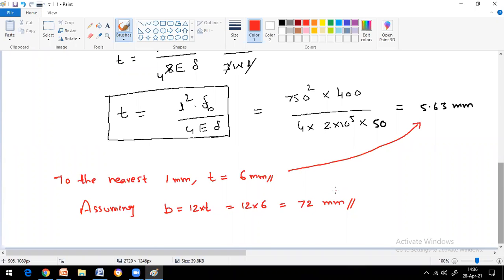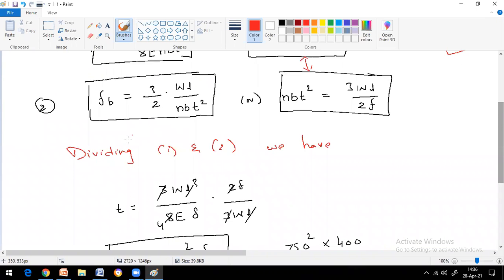And how do we calculate the number of plates, as a leaf spring is connected with a number of laminated plates? You have a formula to calculate the number of plates with the help of the bending stress equation. In the bending stress formula, it was clearly given FB is equal to 3 by 2 times WL by N into B into T square.